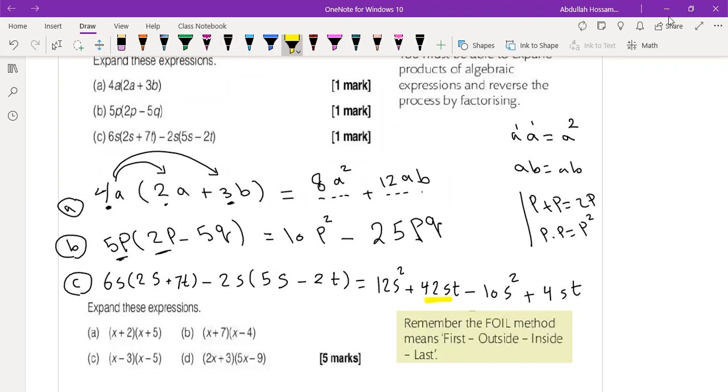So here you have 42st and 4st, 46st, and also 12s squared minus 10s squared, 2s squared. So the answer is 2s squared plus 46st.